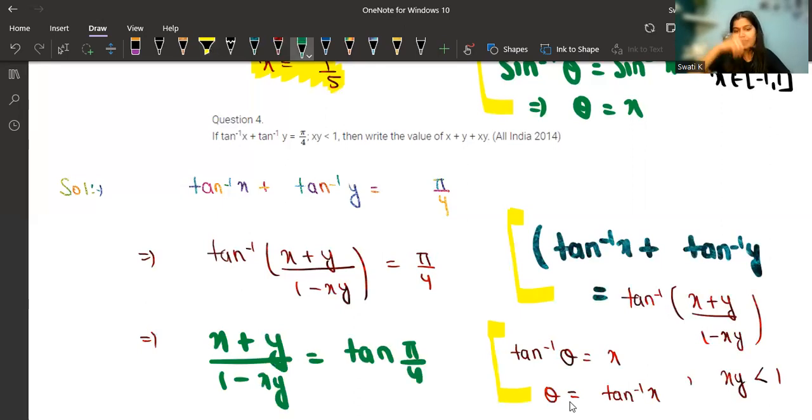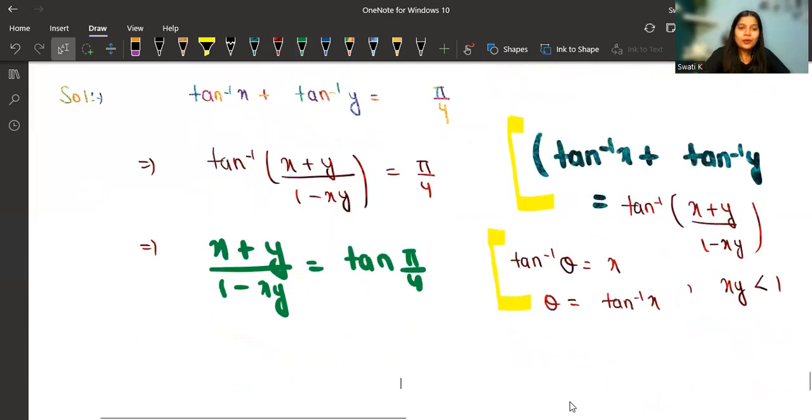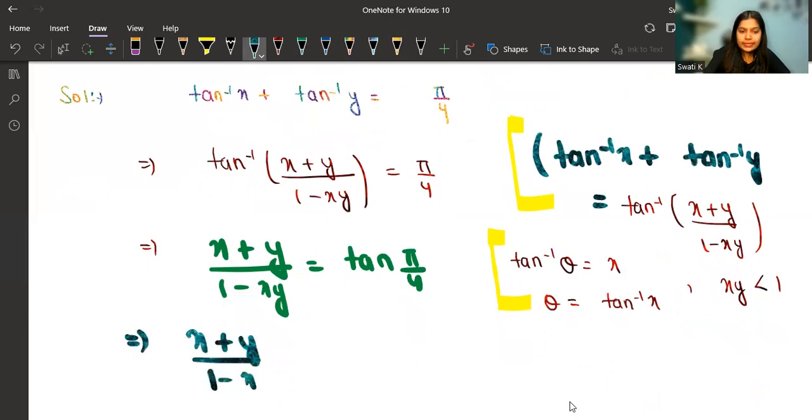We just use the tan on both the sides. So yes, now we can just write down this as x plus y upon 1 minus xy equals the value of tan pi by 4. A very famous value, the tan pi by 4, it's 45 and the value is 1.